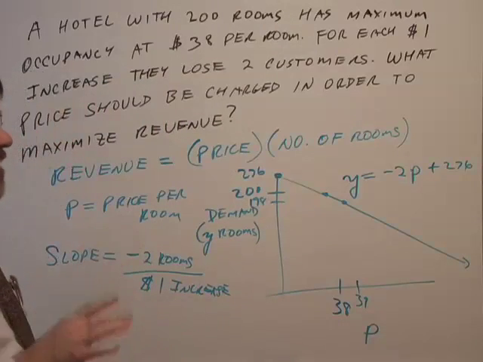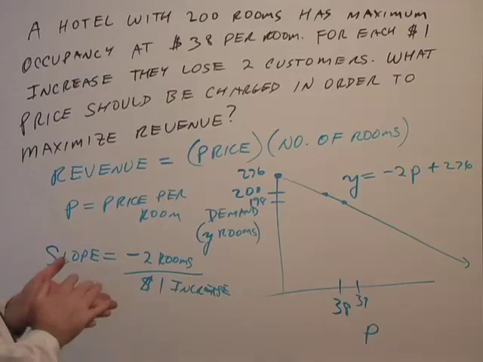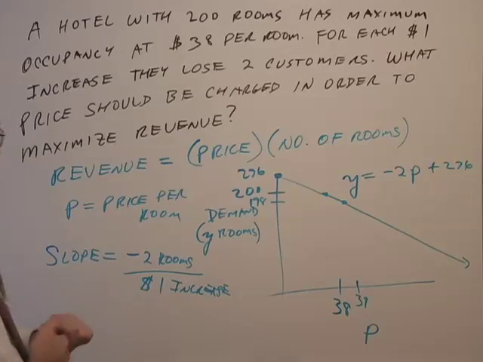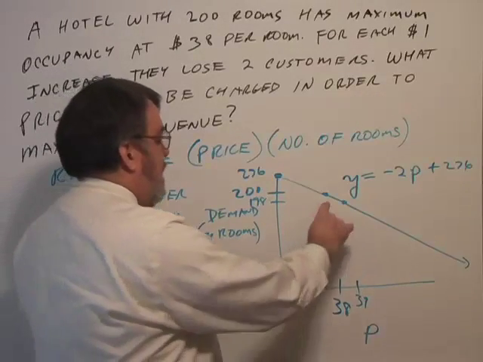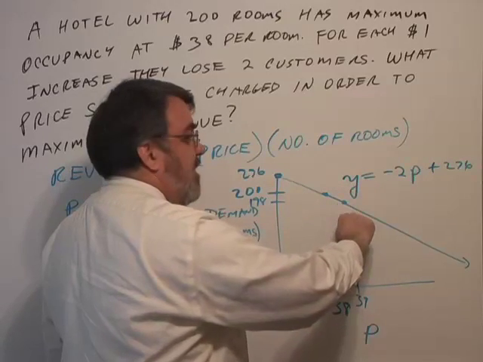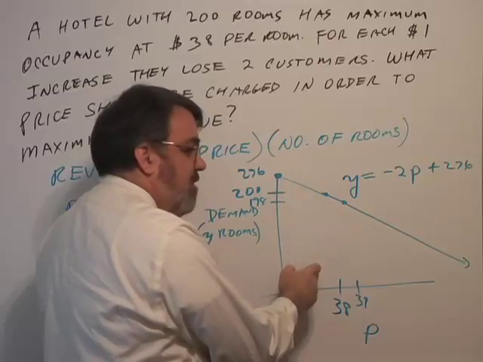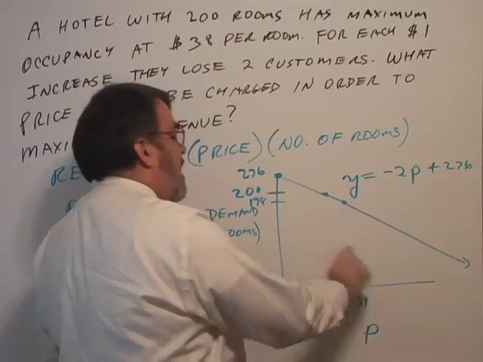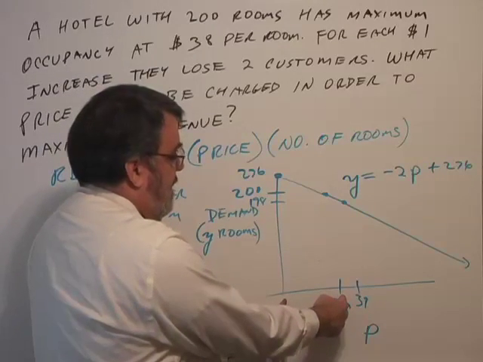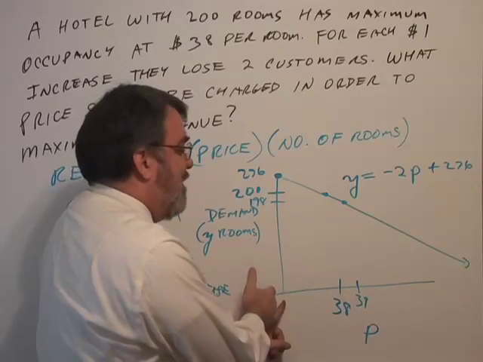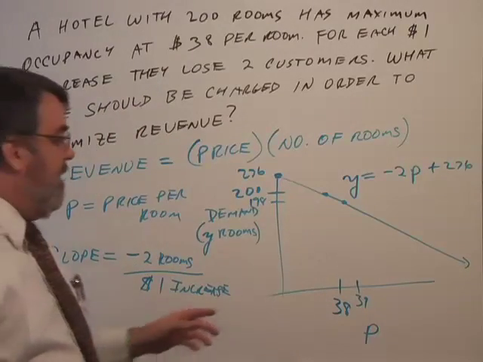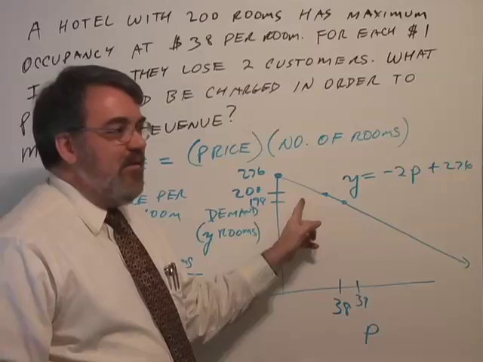Let me just briefly explain this. Some of you are rusty at lines, and you probably haven't seen anybody reason through a line quite like I have here. But let me talk through it again briefly. If the price is increased by $1, we lose 2 customers. So the slope is minus 2 customers per dollar increase. If I were to decrease the price by $38 and take it back to 0, then if this straight line model would hold, every time I decrease the price by $1, I should gain 2 more customers.